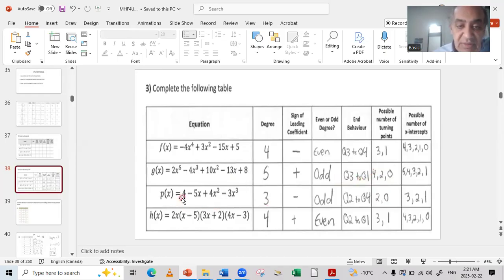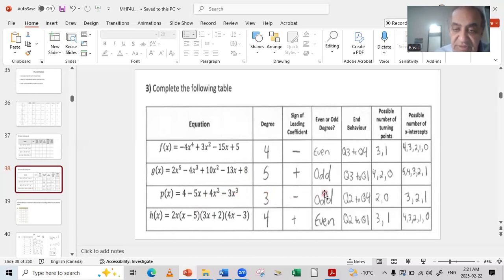Here, P(x) equals 4 minus 5x squared plus 4x minus 5x plus 4x squared minus 3x cubed. So what is the degree here? 3. The maximum power of x is 3. And the leading coefficient of this x cubed term is minus.